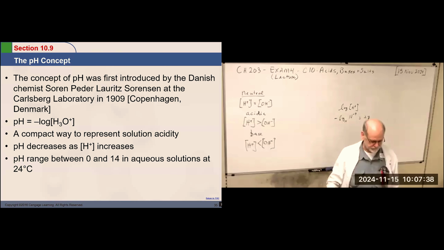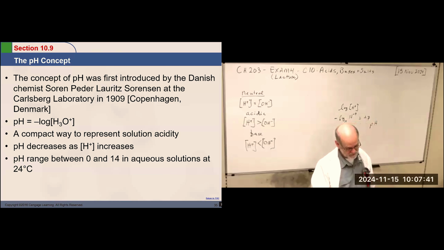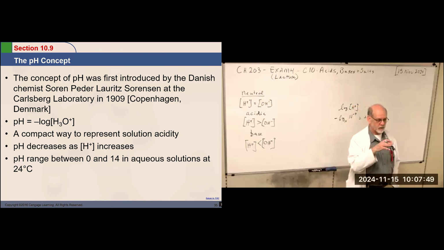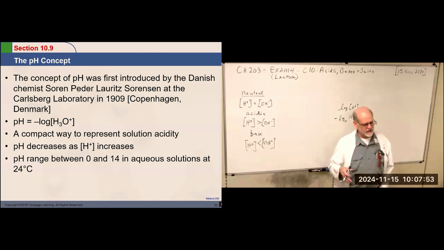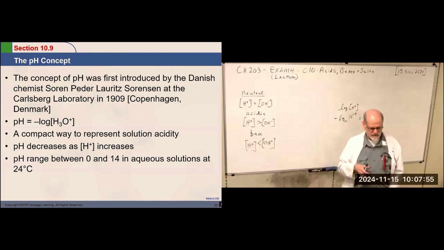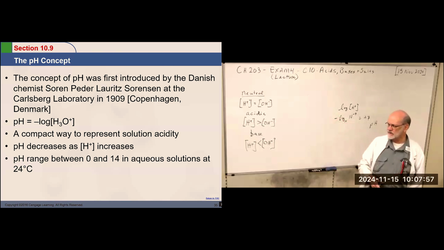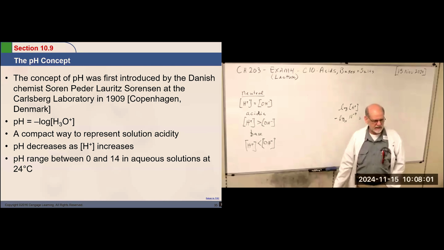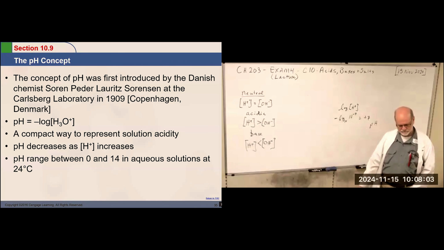In fact, this is just the beginning of the story. Now, for Sorensen's purposes and for most scientists' purposes, the pH range that they're going to be interested in is not even down to 0. It's usually between 1 and, say, 13 or 12.